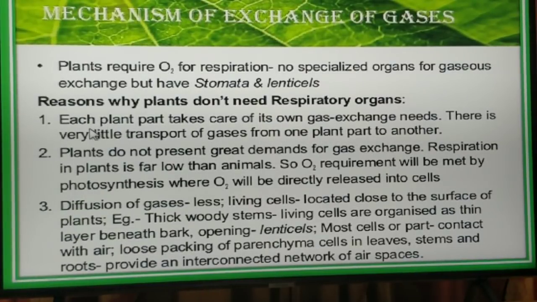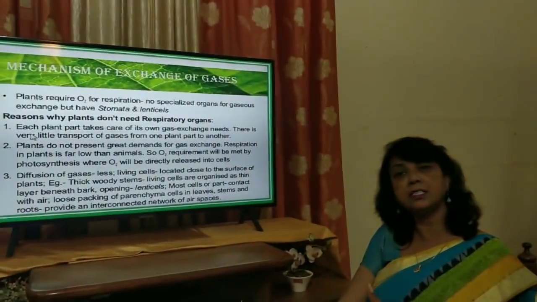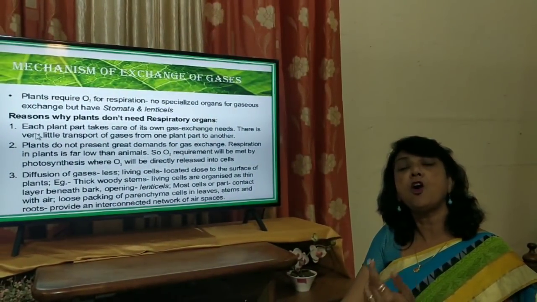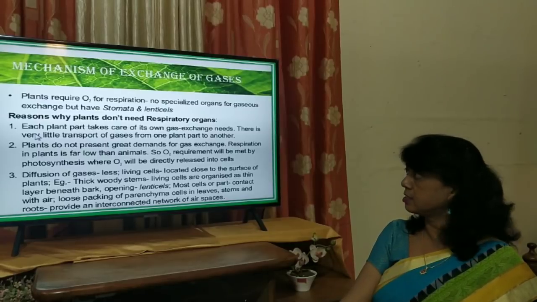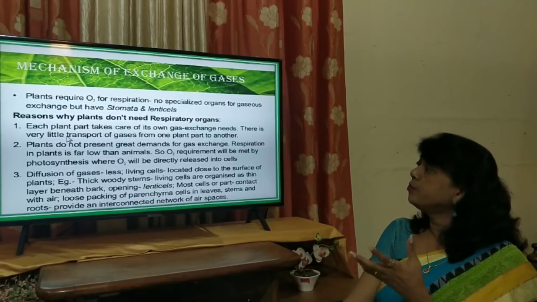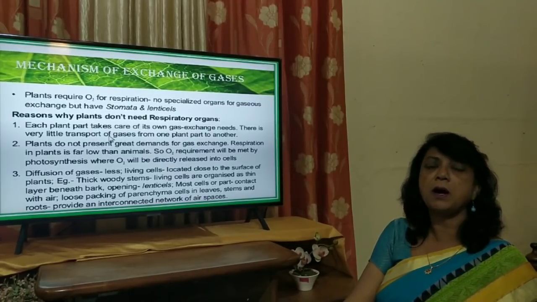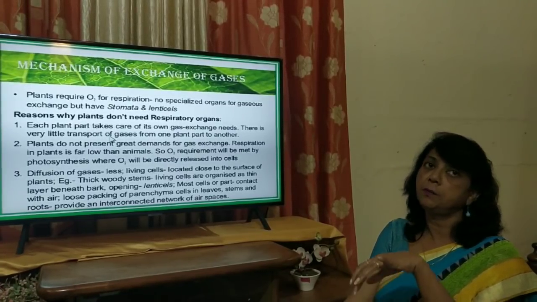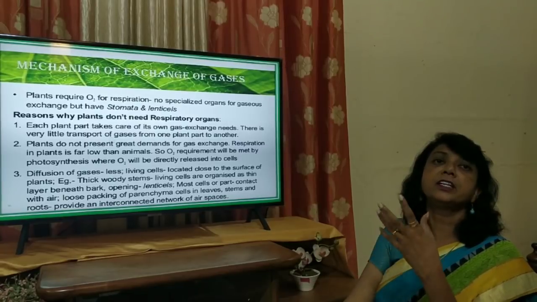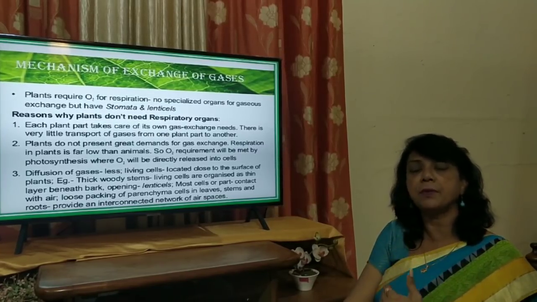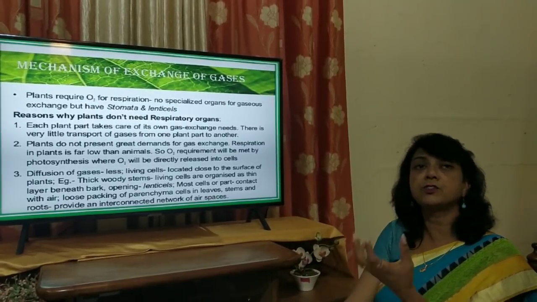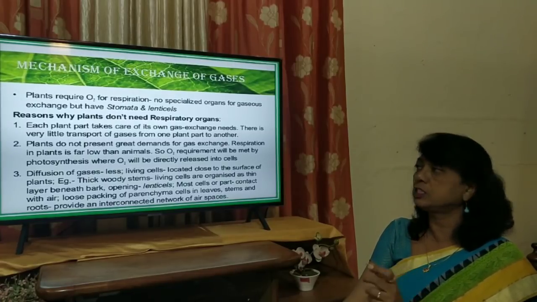That means each part of the plant is capable of exchanging gas, and there is very little transport of gases from one plant part to the other. Say from the leaf to the stem, very little transport of oxygen takes place.